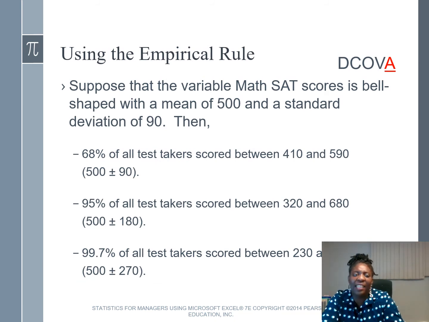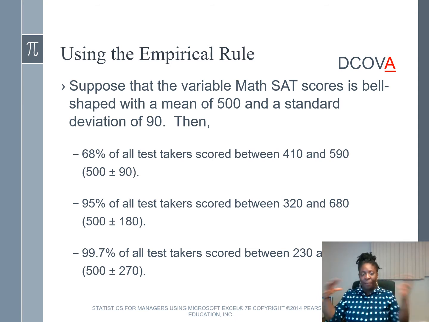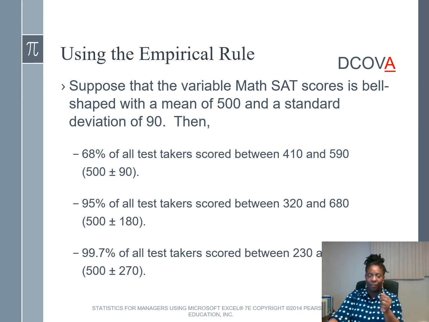Let's go back to the SAT problem. Suppose the SAT variable, math score, is bell-shaped. So if you collect all of the math scores on an SAT and create a frequency table, the data is going to be bell-shaped. Let me help you out and draw something here. Frequency, numbers.